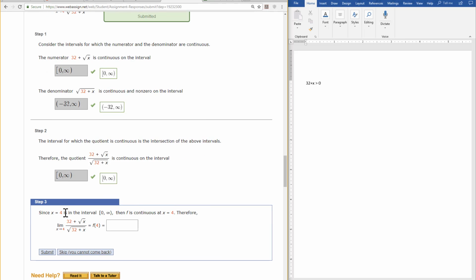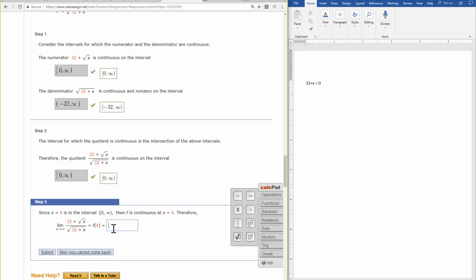All right. So now 4 is within the continuous interval, and if f is continuous at 4, then we can easily just plug in the value of 4 into this expression. So we have 32 plus the square root of 4.